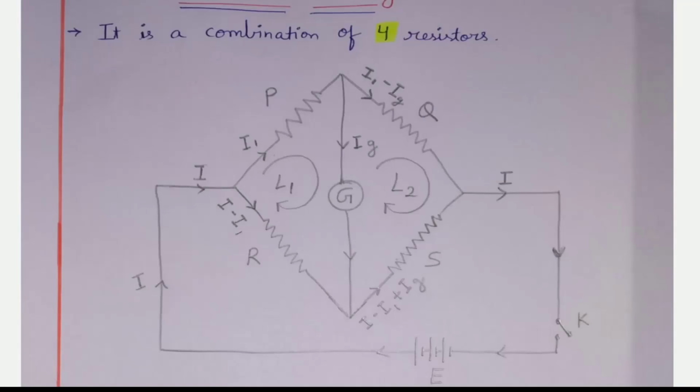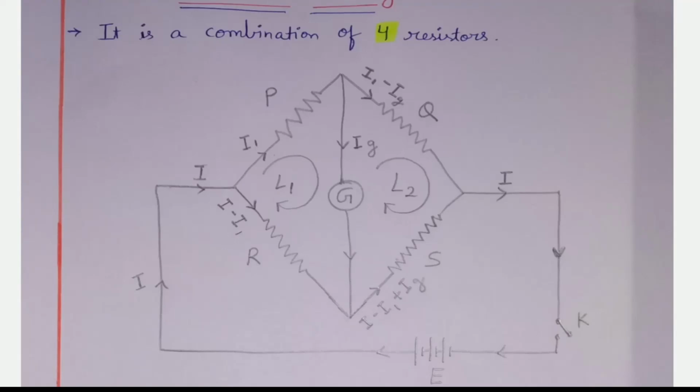So if you apply Kirchhoff's loop rule for loop L1, let us start from the point, and when we are moving along the direction of current, that is the direction of our motion and the direction of current is same, then we take the potential drop to be positive, and if our direction and current's direction is opposite, we take it to be negative.